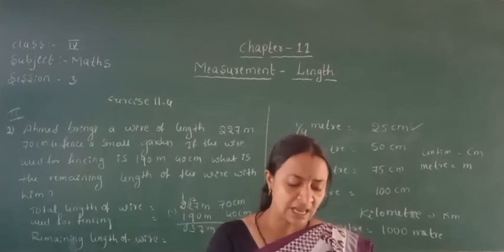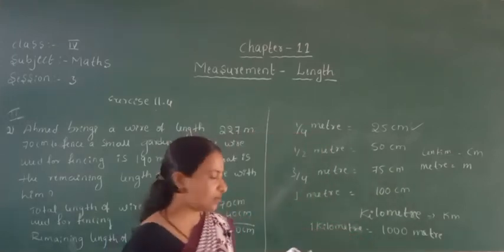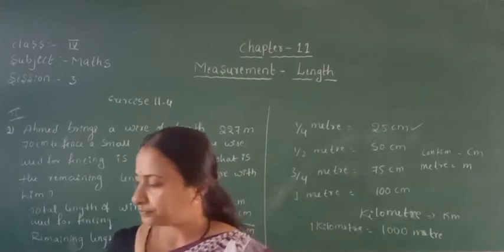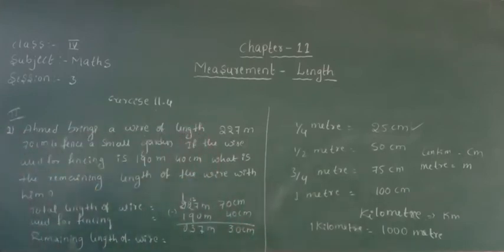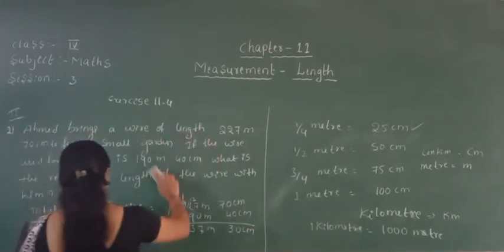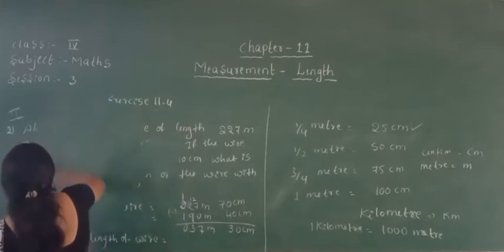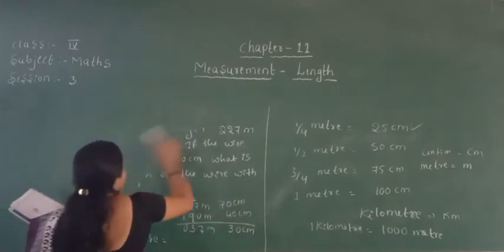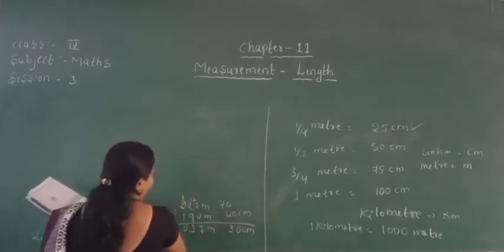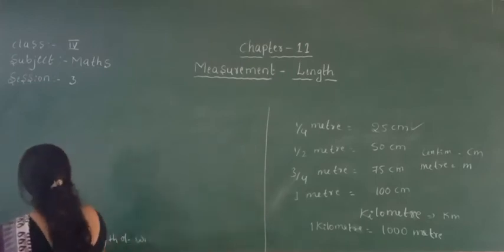So here, see, 1 kilometer is equal to 1000 meters.